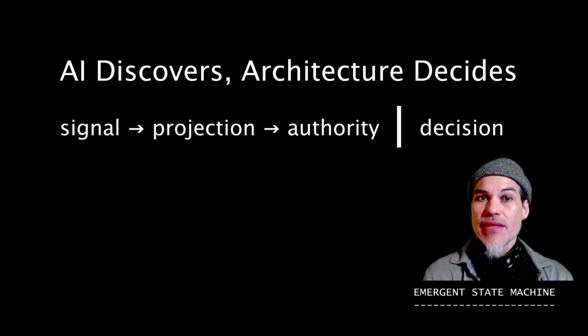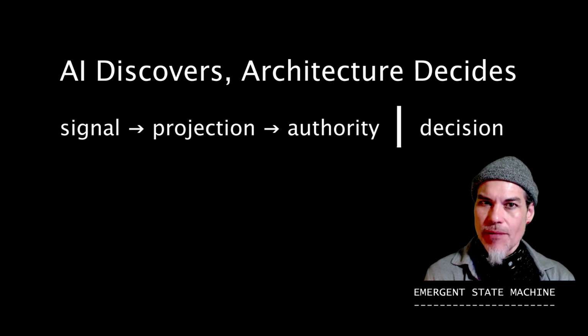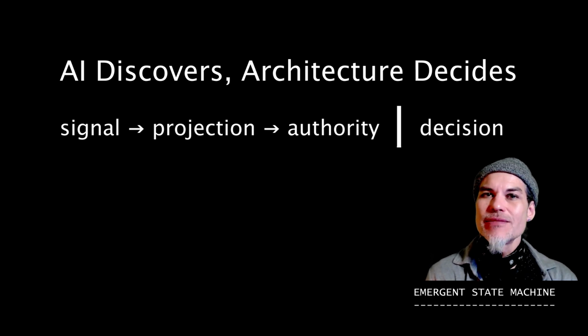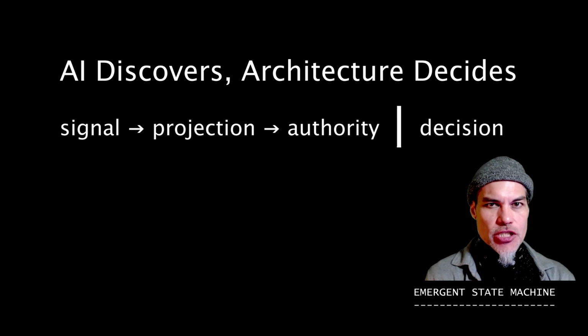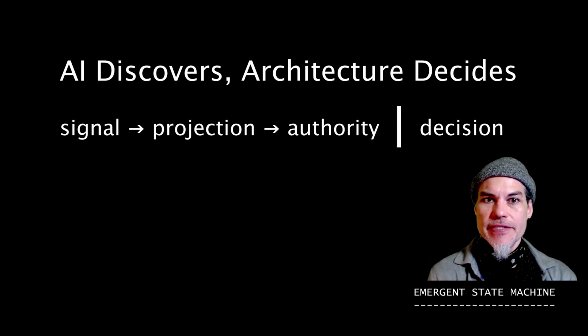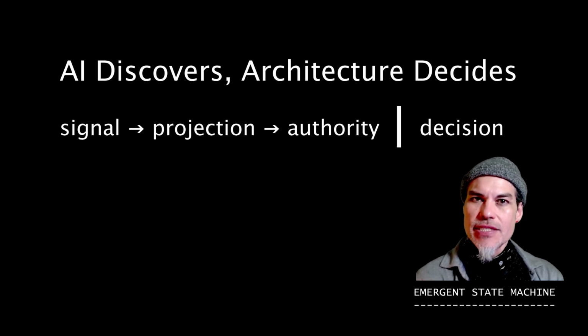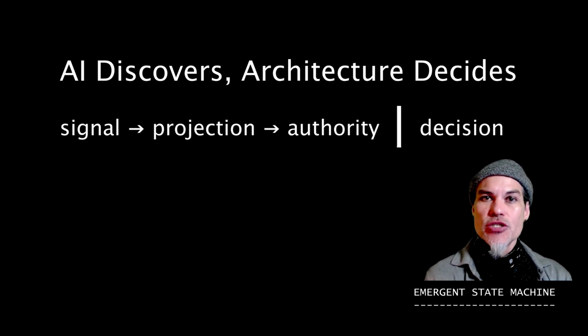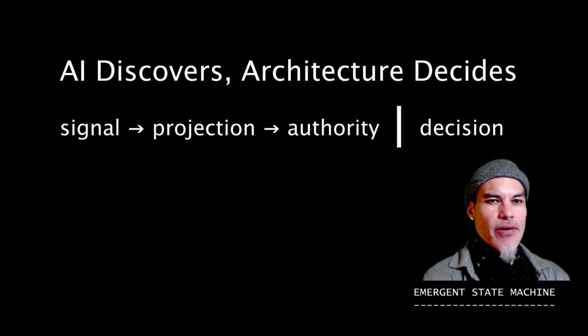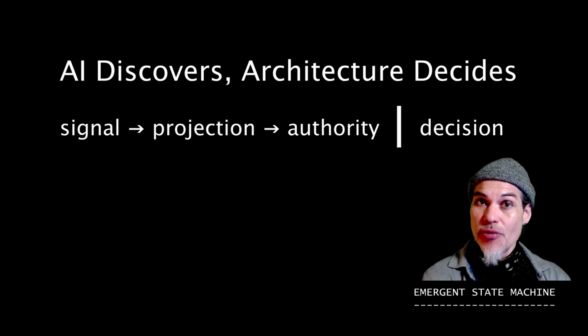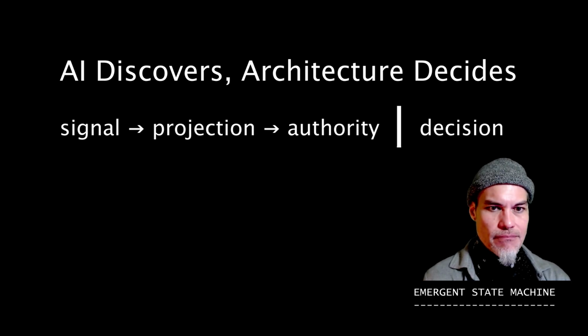In closing, AI tools can help discover patterns, but systems still need architecture governing how those patterns influence decisions. Emergent state machines provide a way to structure those decisions while keeping the reasoning transparent, testable, and improvable over time.